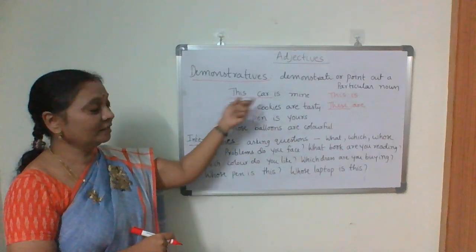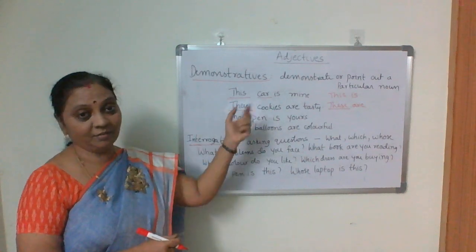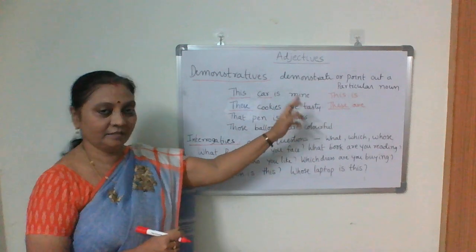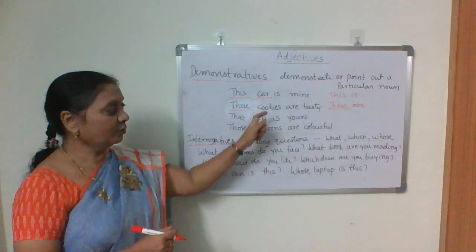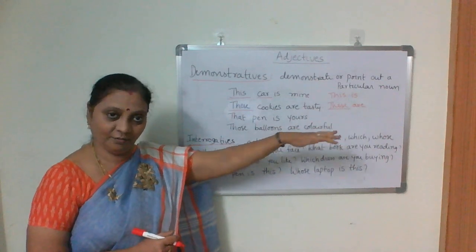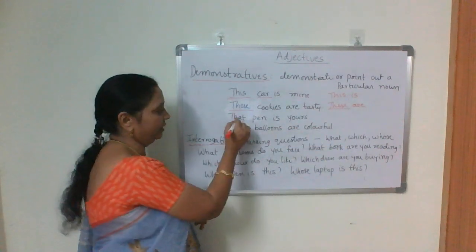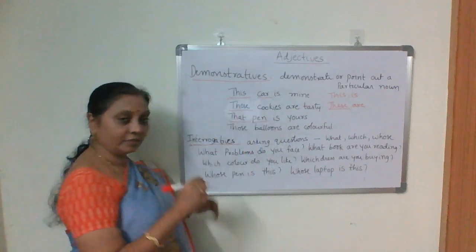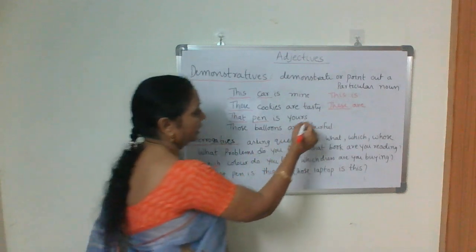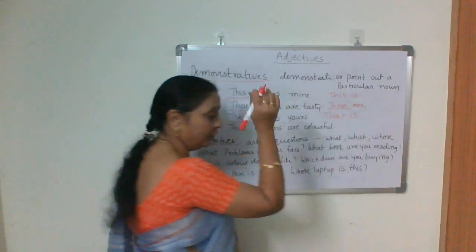Whereas when it is accompanied or followed by a noun, then we immediately call it an adjective. This car, this is. These cookies, these are tasty cookies. These are. Okay? Then that pen is yours. That pen. That pen is a noun. That becomes a demonstrative adjective. The same thing you can take. That is your pen.